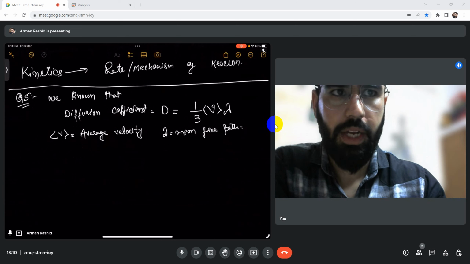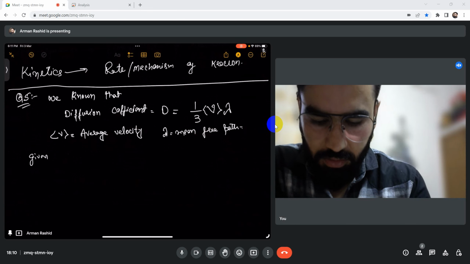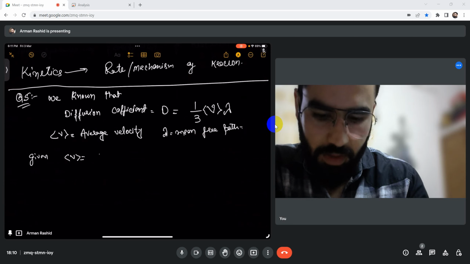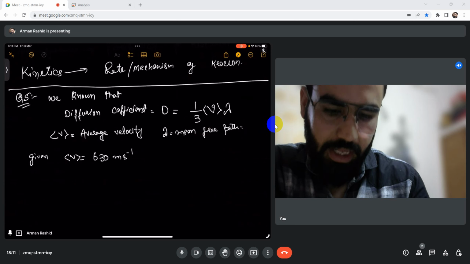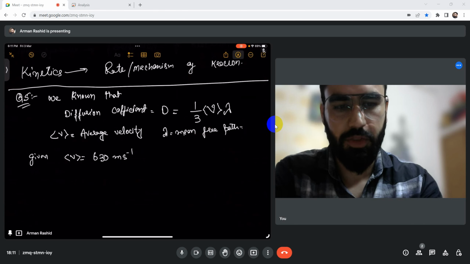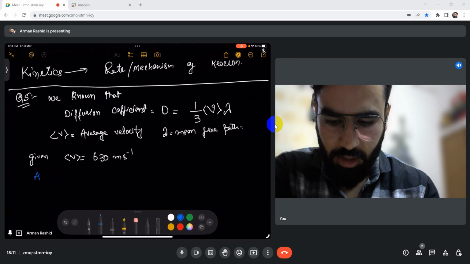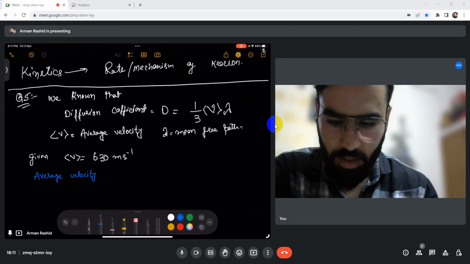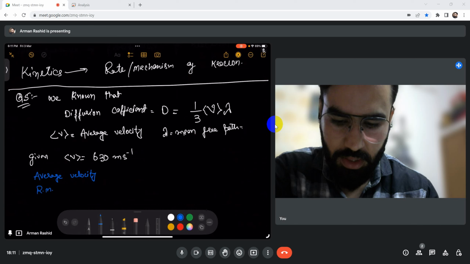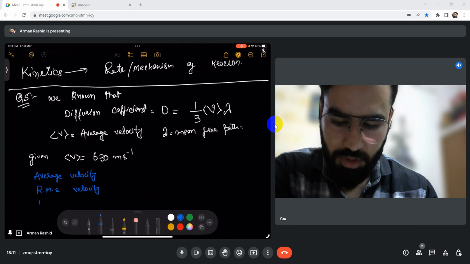Now in the question the average velocity is given, in meters per second. In gases there are 3 different kinds of velocities, as I have told you in the previous lectures: the average velocity, the root mean square velocity, and the most probable velocity.